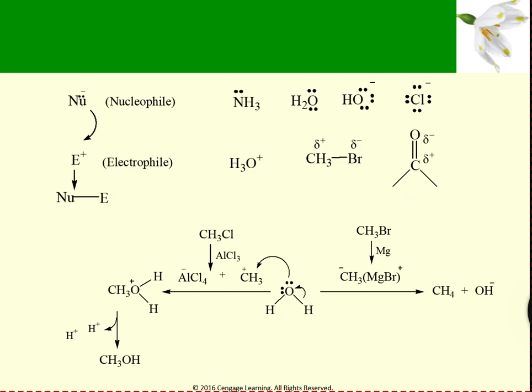Most nucleophiles behave this way because they either have a minus charge or non-bonding electrons. Because of these, they have a tendency to provide electrons and to make a bond.